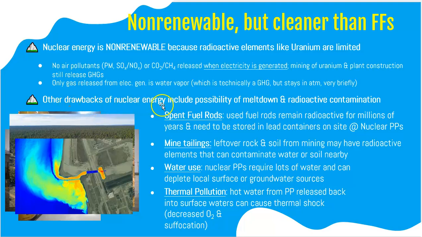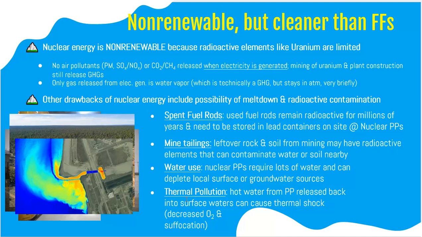The drawbacks, however, are meltdown, radioactive contamination, and waste. We still have contaminated radioactive waste sitting on our nuclear sites that we haven't been able to get rid of. Another problem is what's called thermal pollution.